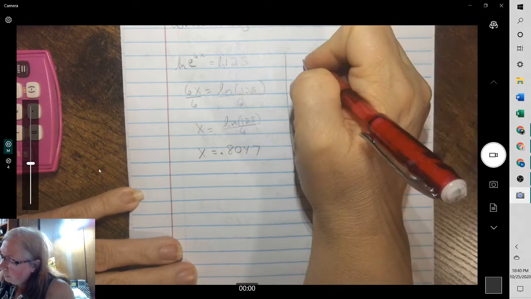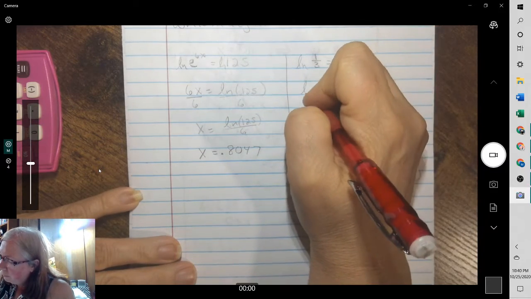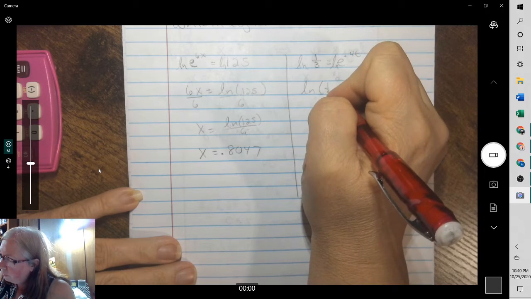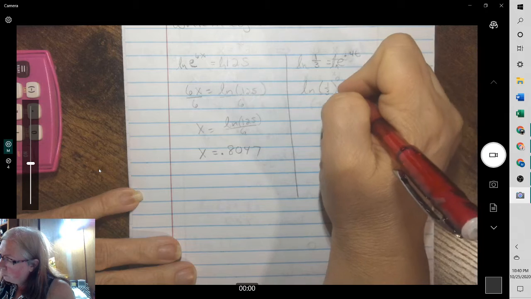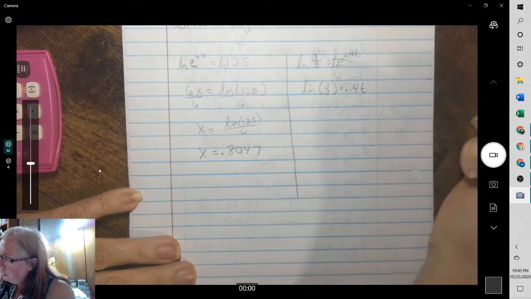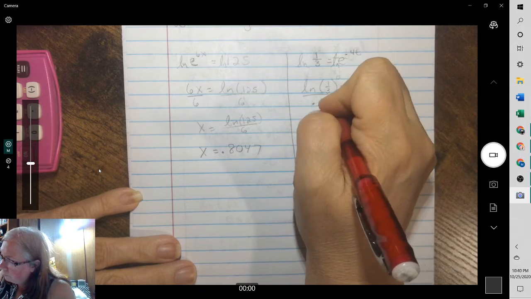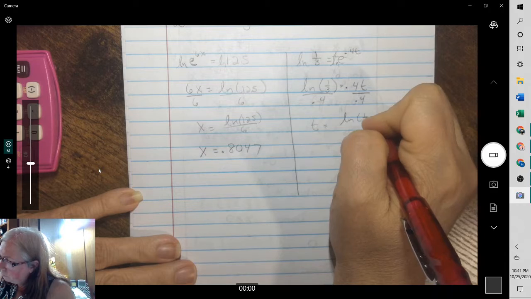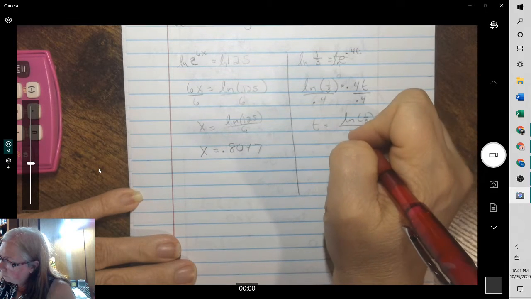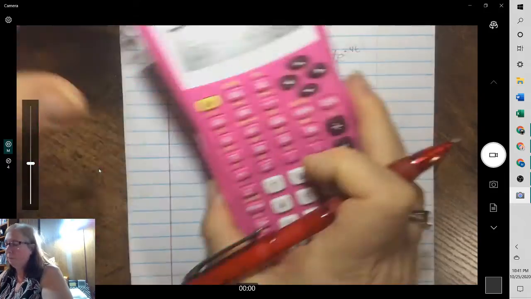Again, to get rid of the e, we're going to take the natural log of both sides. So that leaves the natural log of 1/3. This cancels and leaves 0.4t, and then divide by the 0.4. Plugging into our calculator again.